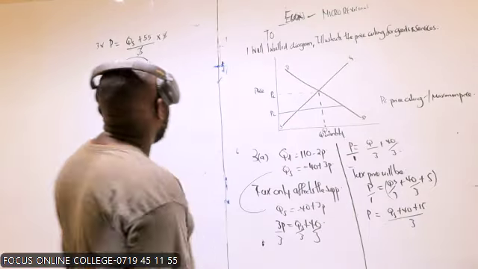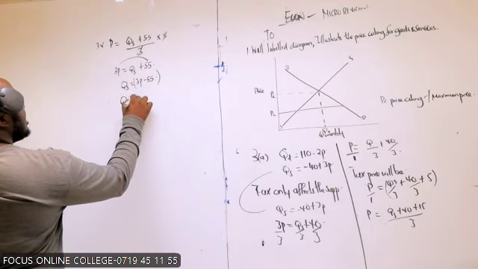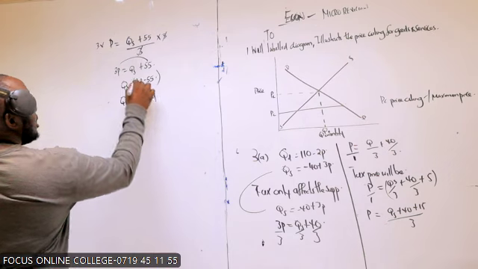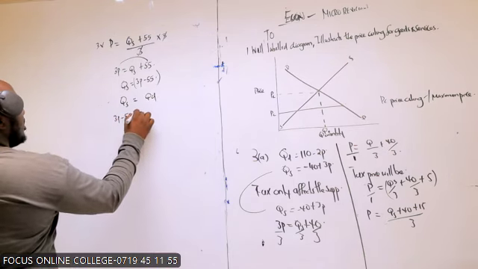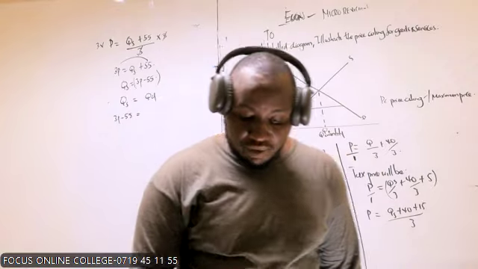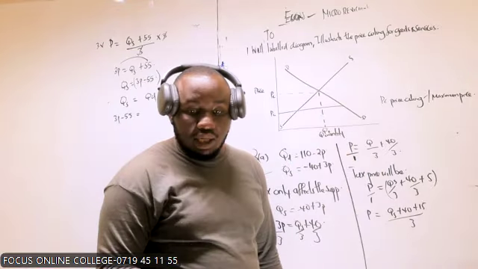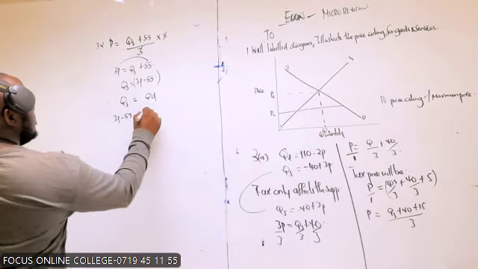So at equilibrium, QS is equal to QD. QS we have as 3P minus 55. What about the demand? Equilibrium quantity demanded we have as 110 minus 2P. Collect the like terms. Bring this one to the other side.